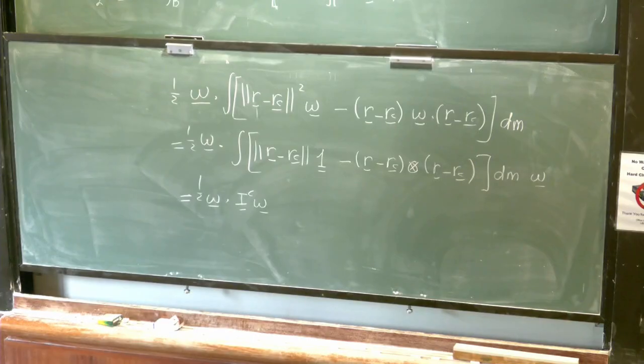Okay. T is half m Vc dot Vc plus half Hc dot omega.